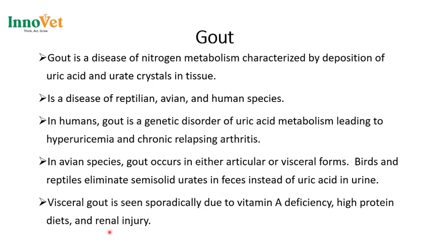Then renal injury. This is due to damage to the nephrotic tissue. When the nephrotic tissue is damaged, it cannot easily or effectively eliminate uric acid. So there are more chances that uric acid will accumulate within the blood system, and this will increase the susceptibility to articular gout.